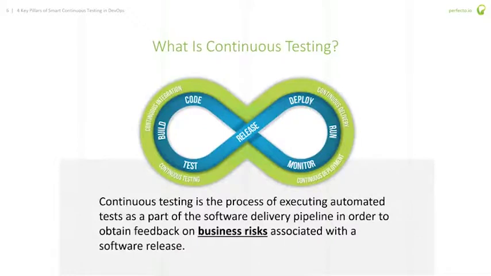So what is continuous testing? When you look at continuous testing, and there can be multiple definitions, continuous testing is all about identifying business risks that are associated with software releases. The software release can be a very minor feature that you implement or multiple user stories that you implemented.